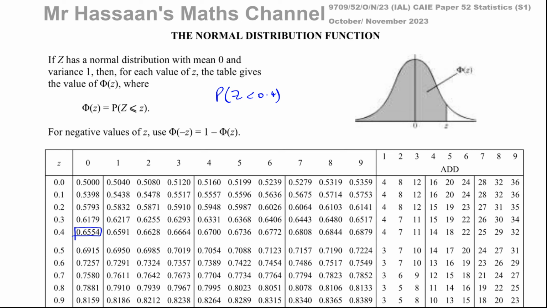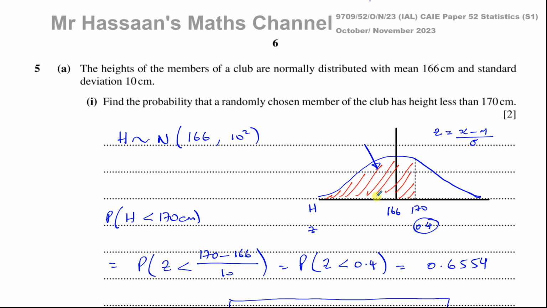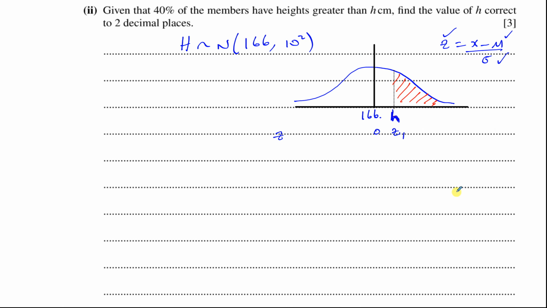So I have to think about the area to the left of this line here. So if this is 0.4, then this part is going to be 0.6. Okay, so I've got to find the probability that our z value, which is less than z1, is equal to 0.6. I'm going to find the value of z1 for that.